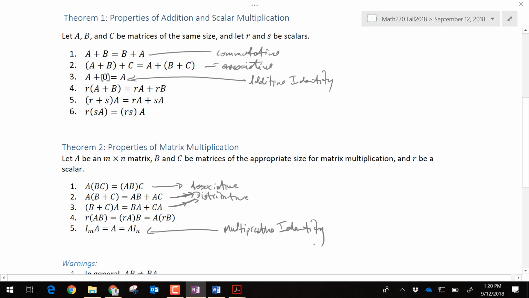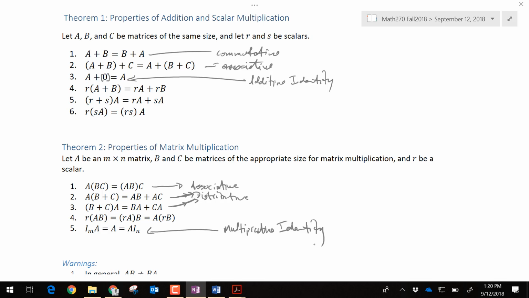And then this one is called the multiplicative identity. And if you compare the first set of properties with addition and the second set of properties with multiplication, do you see one glaring missing property? Kind of.